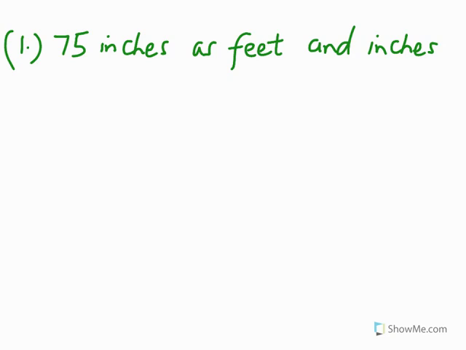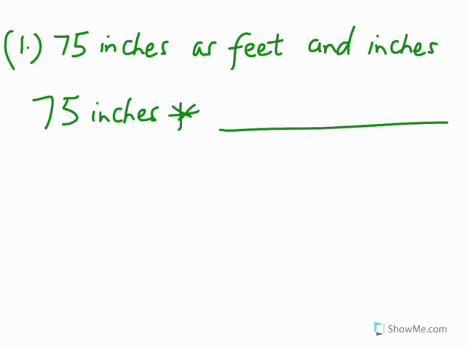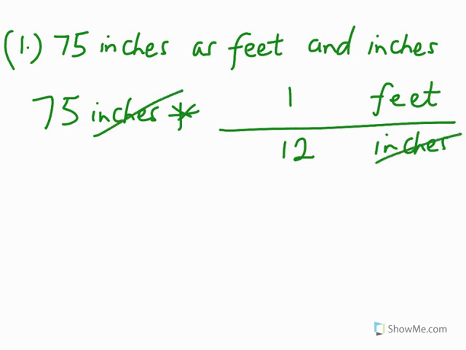Okay, so let's go ahead and do this. We now have, of course, 75 inches times, I have my inches here, and then I have my feet. You want to convert to the bigger unit first. So 1 feet makes 12 inches. We cross out inches.